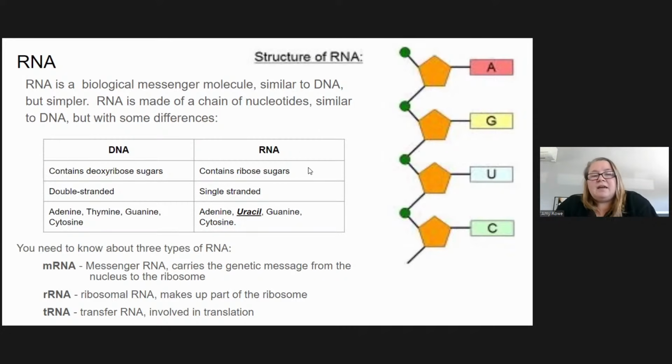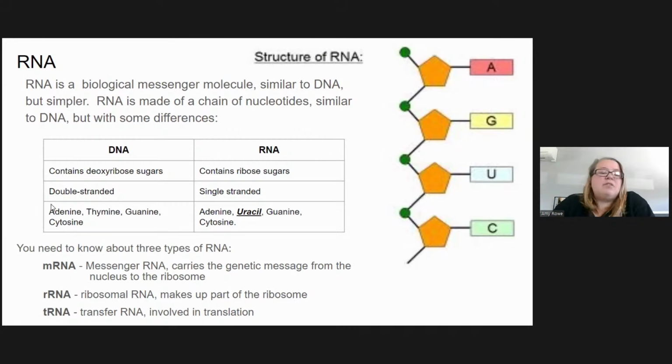The name RNA stands for ribonucleic acid, whereas DNA is deoxyribonucleic acid. That first letter refers to the type of sugar that's involved. In DNA, we have deoxyribose sugars, whereas in RNA, we have a slightly different sugar, which is a ribose sugar.